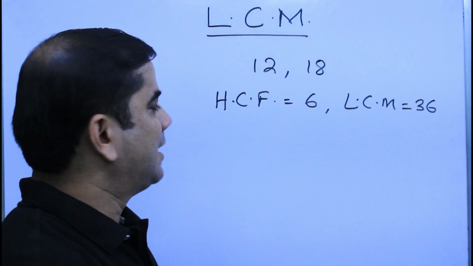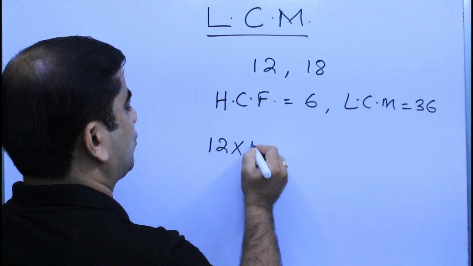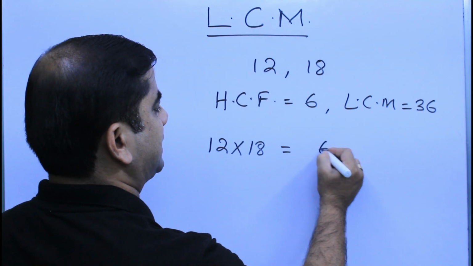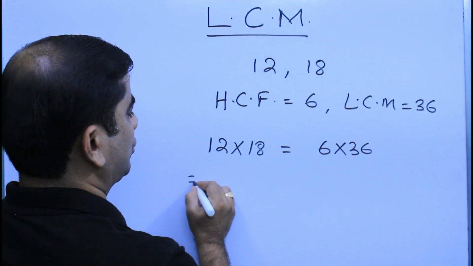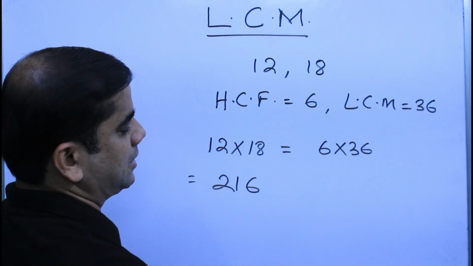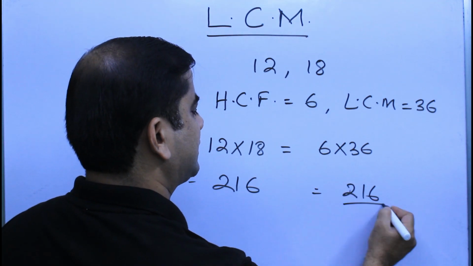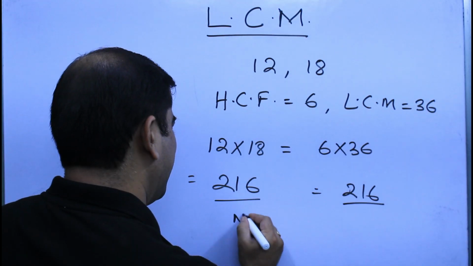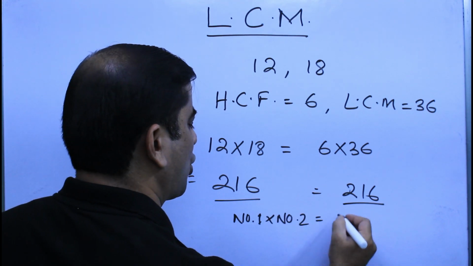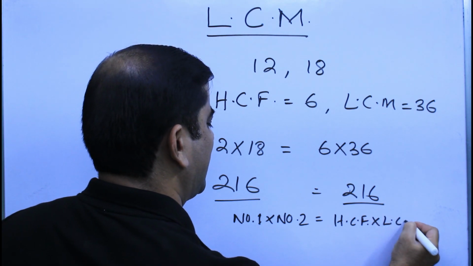Students, as per the relationship, the product of numbers, that is 12 into 18, should be equal to the product of their HCF and LCM, that means 6 into 36. 18 times 12 is 216, and 6 times 36 is 216. That means number 1 into number 2 is equal to the product of their HCF and LCM.